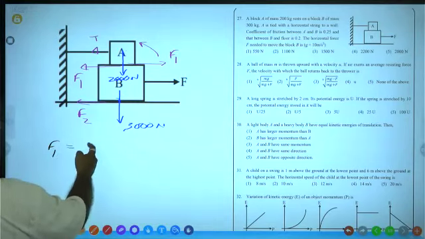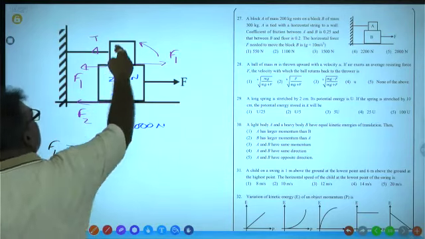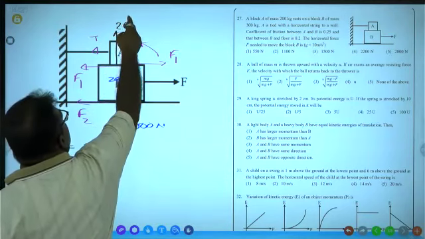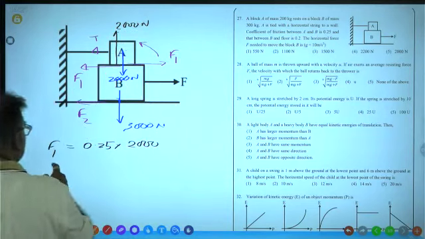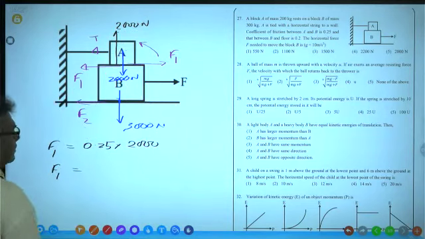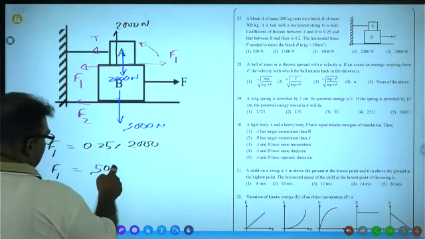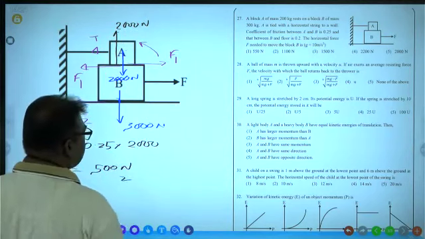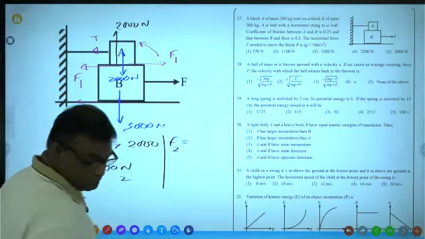F1 equals mu, 0.25, multiplied by the normal reaction right here, just 2000 Newton. Then F1 equals 500 Newton, right? And the next friction, F2 equals mu.